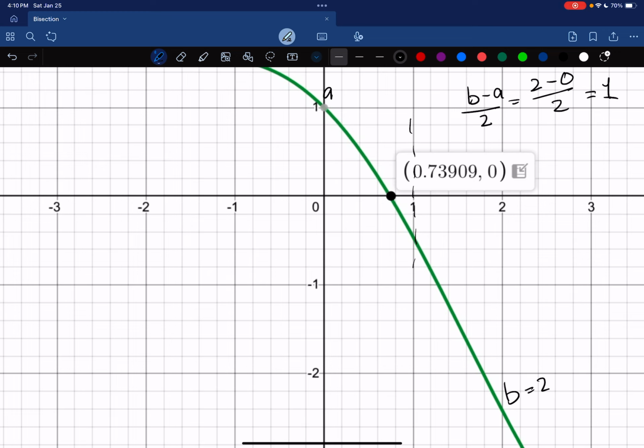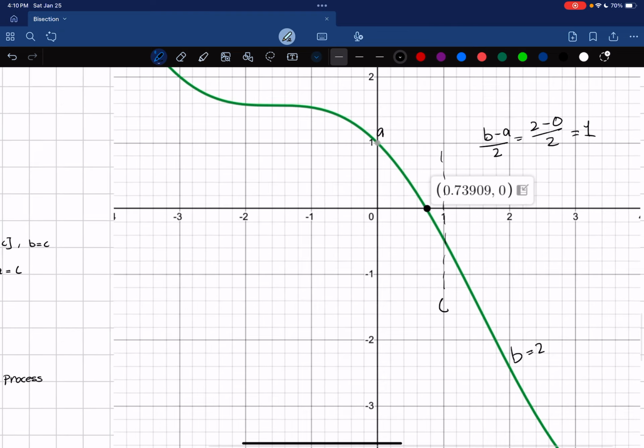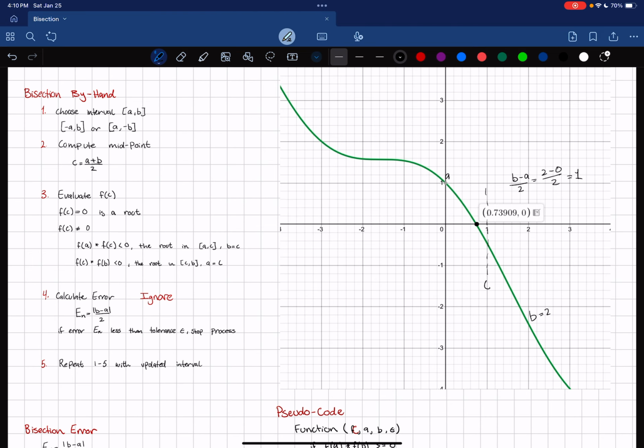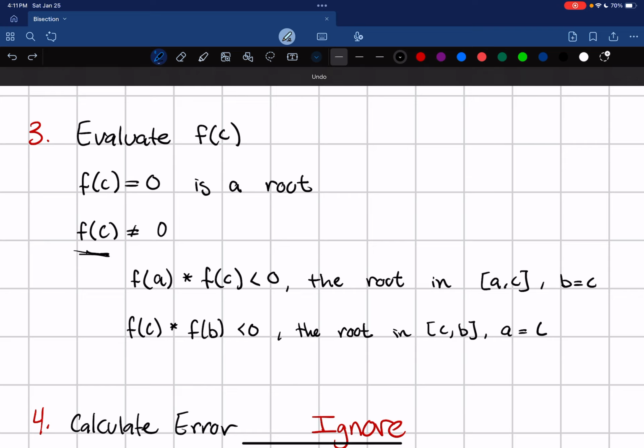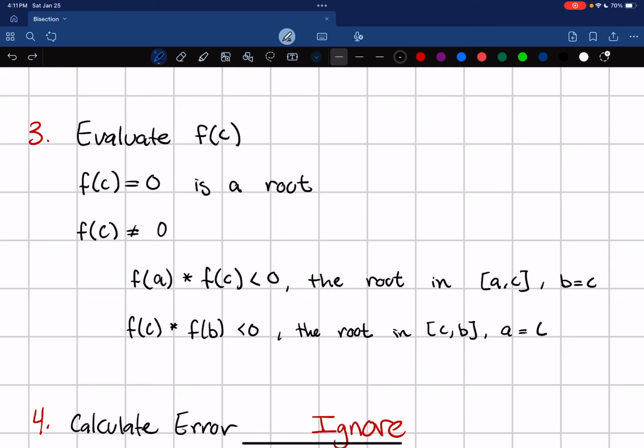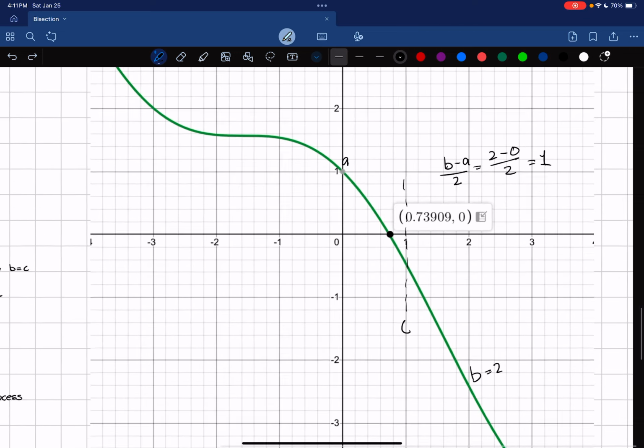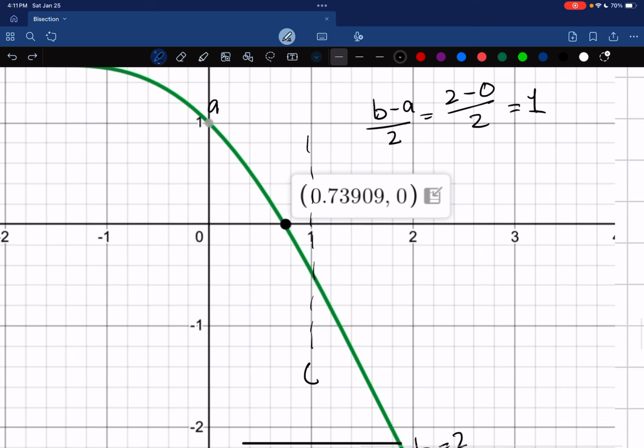So this is my C. And if you remember from my calculations in the bisection, I always used C as my point. If C is 0, that is my root. I never really used A or B to return as an answer. I always returned C as the answer. So that's why our error is using C.